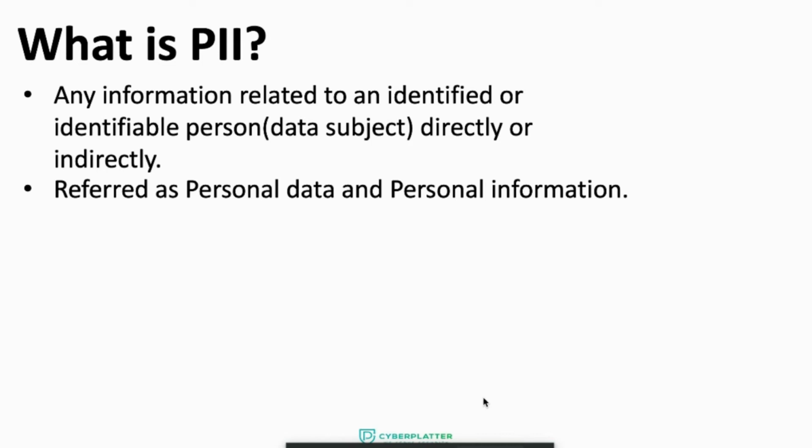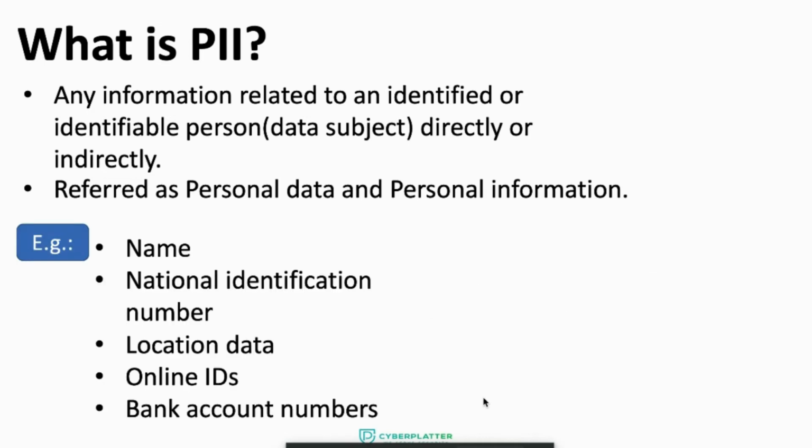Direct identifiers are like name, social security number, which are unique to that person. Indirect identifiers are like race, color, age. By combining multiple indirect identifiers, you could identify a person. Here are some examples of PII.